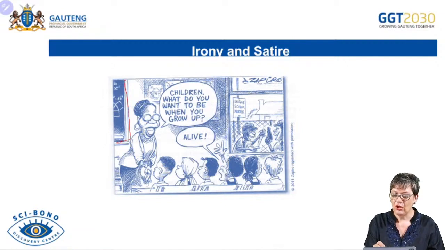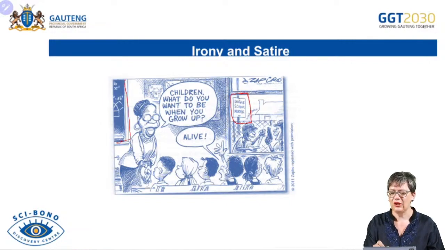And I need you to note something, two very important things. Remember, we're not only looking at the picture, also looking at the words. So we've got here, if you look out of the window, a poster, and it says another school murder. And we have a question here that she asks, children, what do you want to be when you grow up? And this child answers, alive.